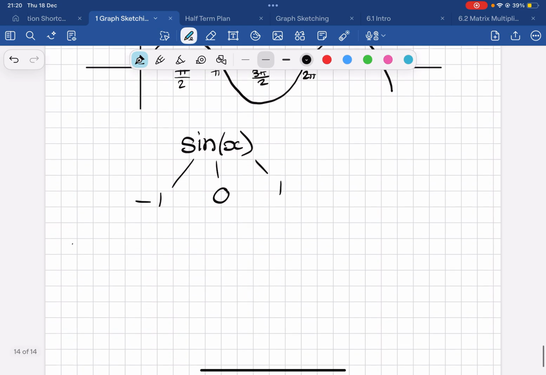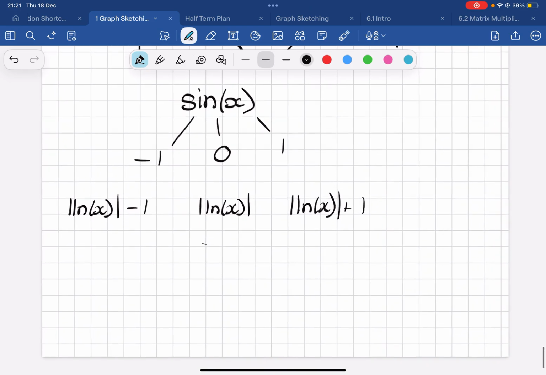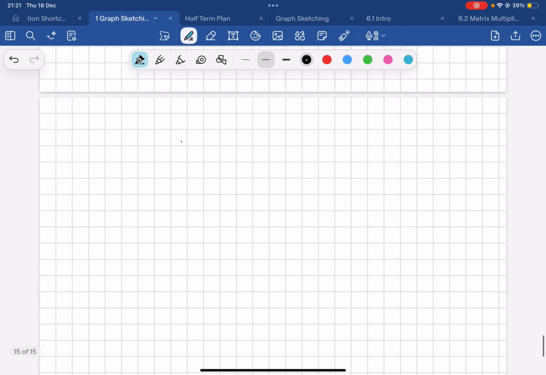That will have mod ln x -1, we have mod ln x, and then we have mod ln x plus 1. We can say our graph is bounded by mod ln x -1 and mod ln x plus 1.